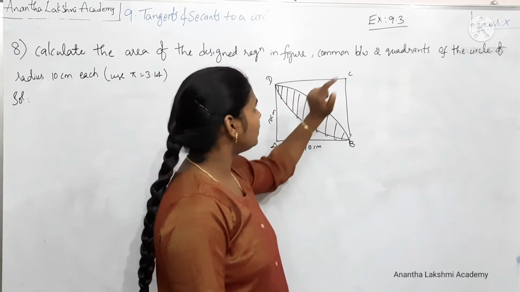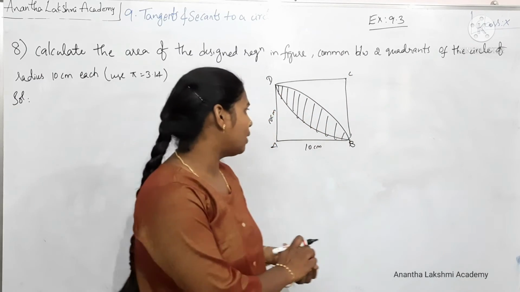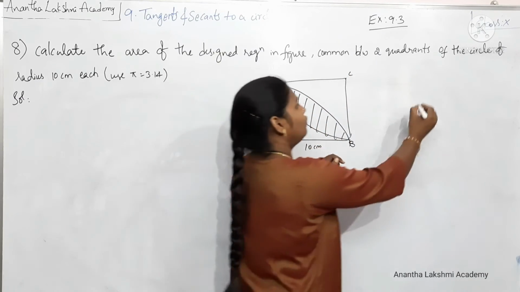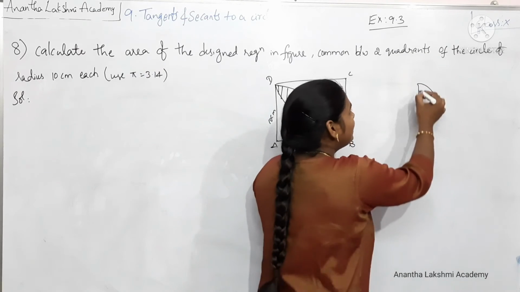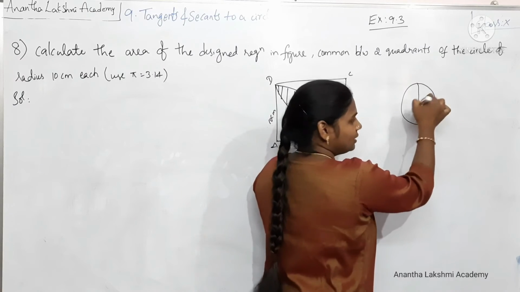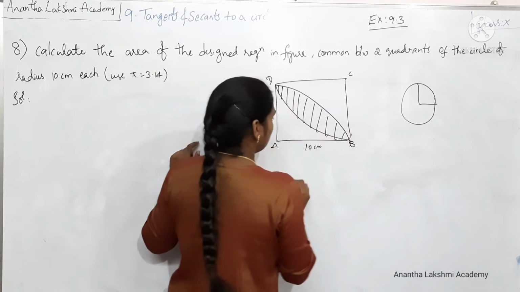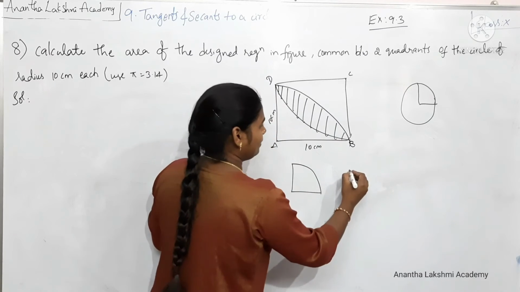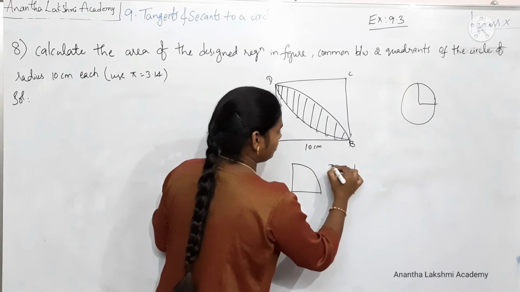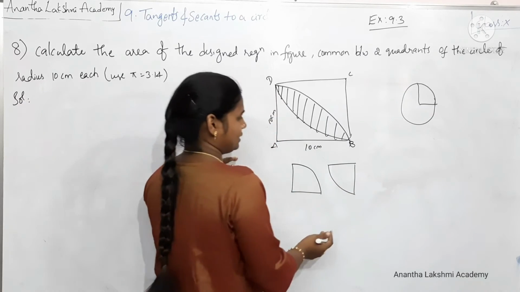This area we are to figure out is common between two quadrants. I told you, right, the 4th part, which looks like a pizza slice, is nothing but the quadrant of a circle. Now there are two quadrants overlapped in such a way that one is drawn like this and there is one more like this.